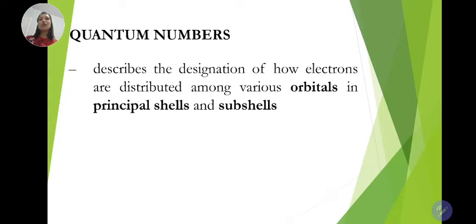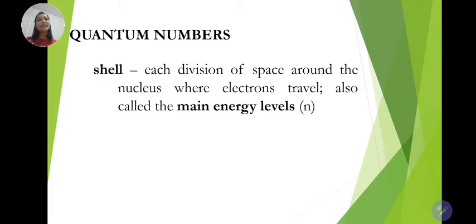Now, we will go to the quantum numbers. This describes the designation of how electrons are distributed among various orbitals in principal shells and subshells in an atom. A shell is each division of space around the nucleus where electrons travel, and it is also called the main energy levels.